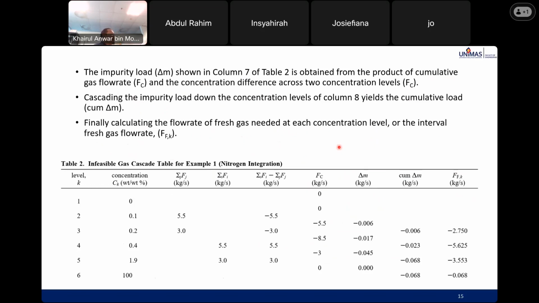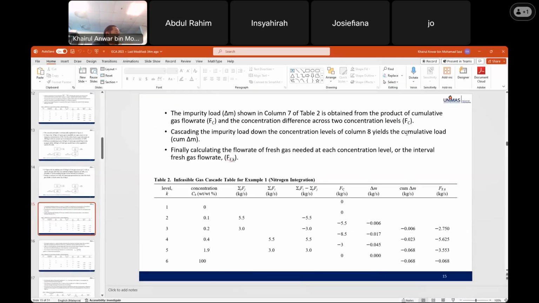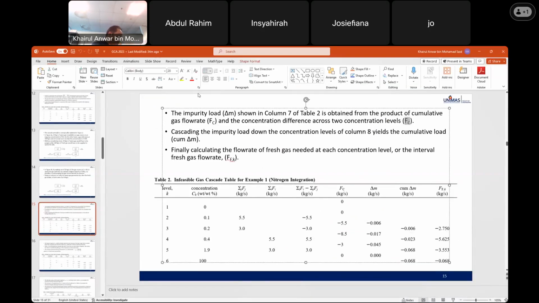To calculate delta M, you see here, the product of cumulative FC and the concentration difference across two concentration levels, so that is FC times delta C.